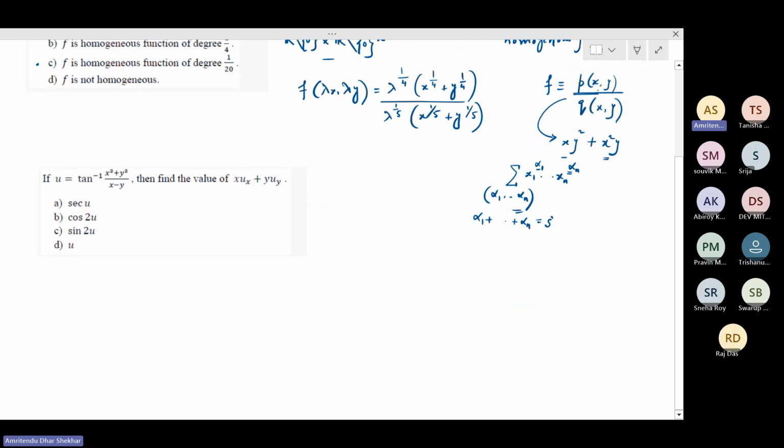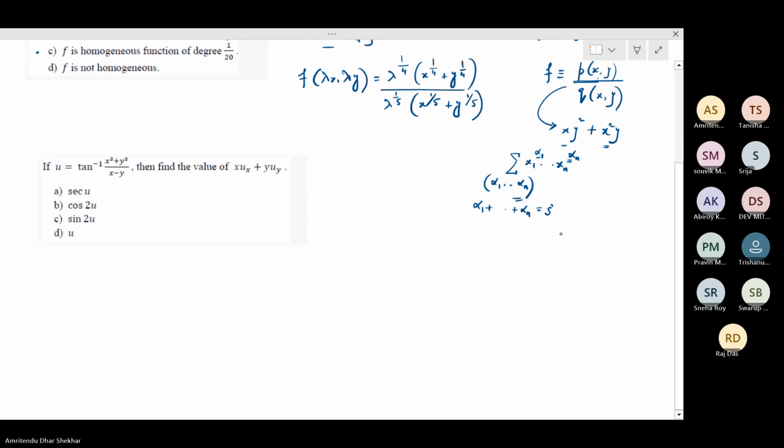So let me just quickly write it down since you asked me. If f and g are homogeneous of degree a, then so is f plus g.